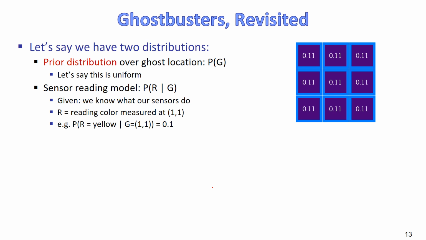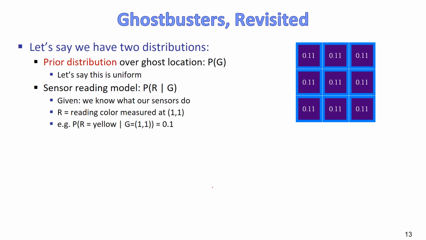Okay, then before we switch to conditional independence, let's just revisit Ghostbuster, knowing now something about the conditional probabilities. Before we know anything about the sensors, we don't know where the ghost is, right? In this grid.